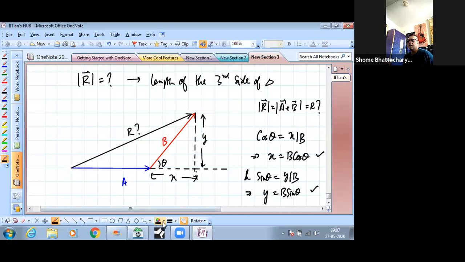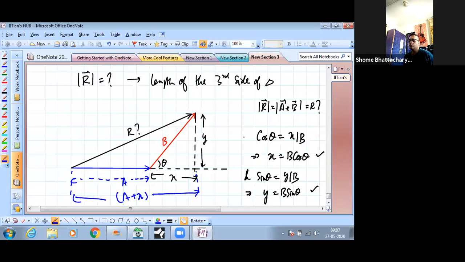So once I have the value of x and I have the value of y, you can see that in the larger triangle, for which R is the hypotenuse, this side length is A, this side length is x. So the whole base is becoming how much? The whole base is becoming A plus x, this part. And this is y. So we can calculate R as the hypotenuse of the larger right angle triangle and get the value of magnitude of R from that.